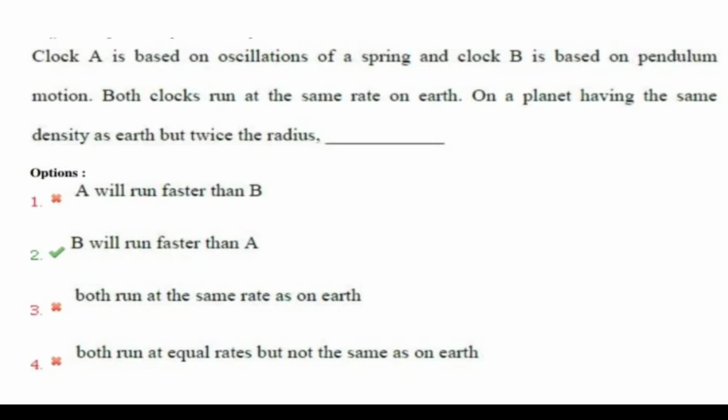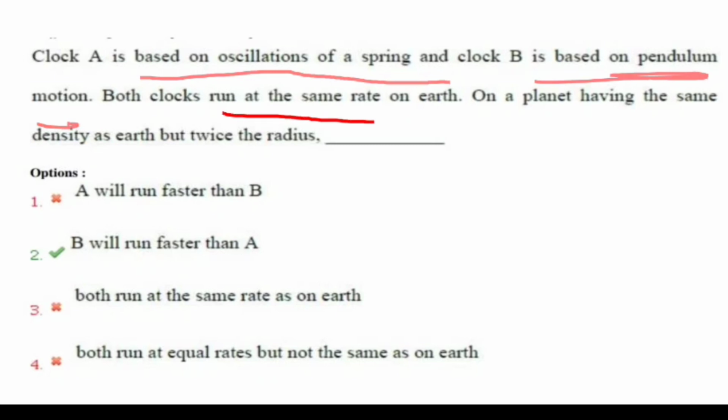The next question reads, clock A is based on oscillations of a spring and clock B is based on pendulum motion. Both clocks run at the same rate on Earth. It's asking what happens if the same clocks are run on a planet having the same density as Earth but twice the radius. The radius of that planet is double the radius of Earth and the density is equal to that of Earth.